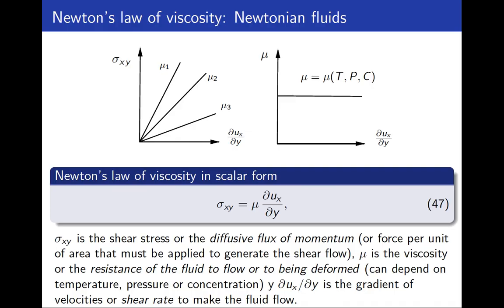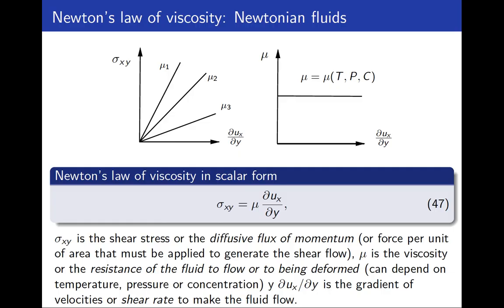So there is a transport of this property within the fluid. This is in contrast to convection, which is the transfer of a quantity from one place to another due to the movement of the fluid. But in diffusion, we don't really care about the movement of the fluid.